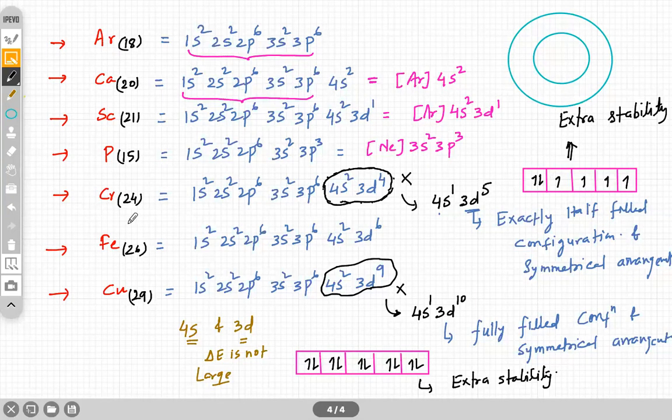So it has been observed that between this state and this state, this one has lesser energy and more stability because of the symmetrical distribution of electrons. All the orbitals have one electron each, right? So this arrangement of electrons decreases the overall energy of the orbital or atom, we can say, and hence the stability we have.